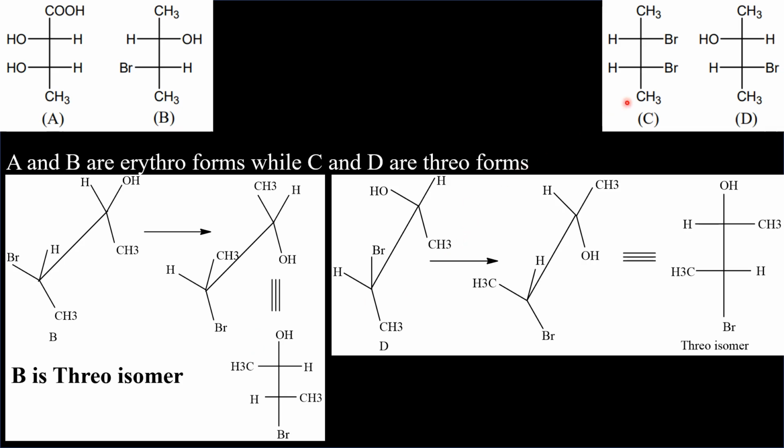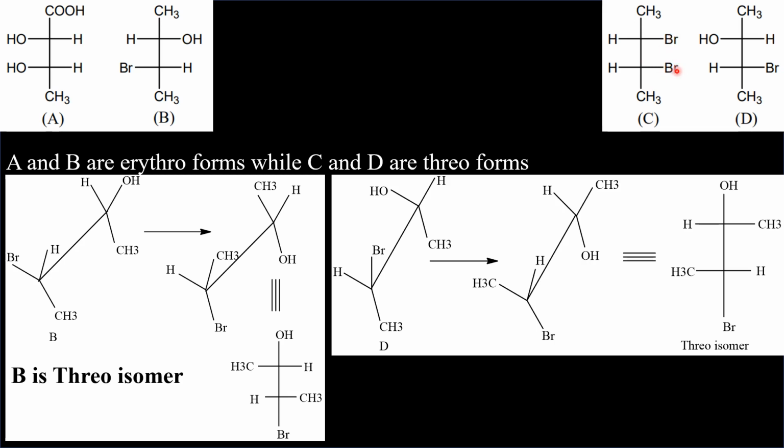Similarly, look at C and D, they have said they are threo forms. Just look at C. In C you cannot assign erythro or threo notations because all three groups are the same: A, B, X, and here A, B, and this is also X. ABX, ABX. I said ABX, ABY.